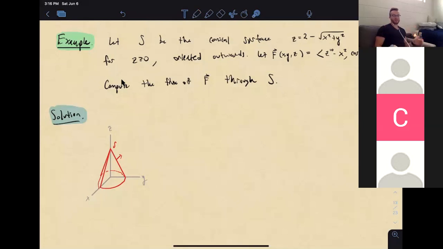Sometimes it could be directly, so you always have to think about it. But here I don't really like that, mostly because if I raise z to the 10th, that sounds horrible. So we have a couple ideas, which are Stokes' Theorem or the Divergence Theorem.